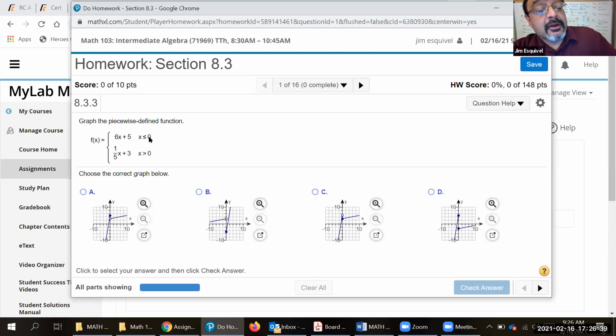So on an xy axis, if you use x's to the left of 0, you're going to plug it into this equation. And for x's that are greater than 0, you're going to plug it into the second equation. Oh, okay. So I can use -1 and 1. Yeah, you could.